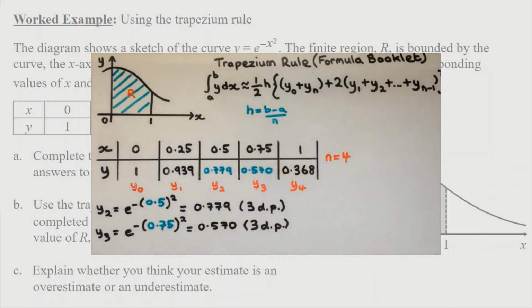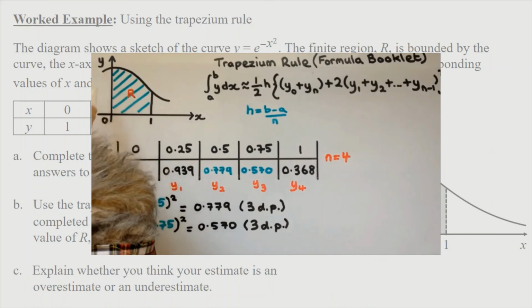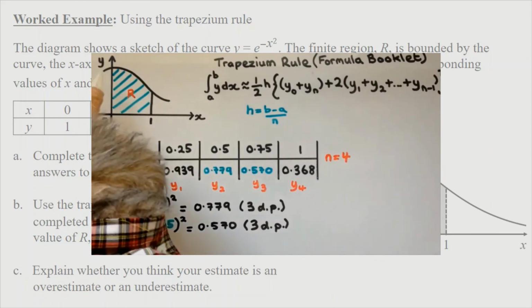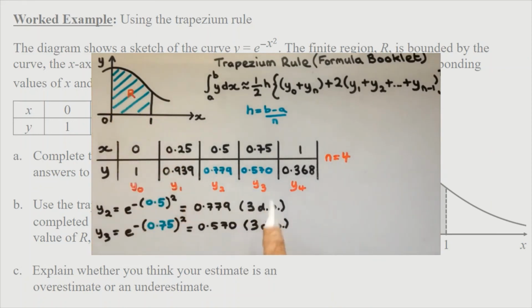If ever you're not sure, just check, do your answers make sense? We're starting at y equals 1 here, and clearly the values are decreasing. Just make sure your values do the same, and these seem to be pretty good. So next we're going to substitute into the trapezium rule, and we're just going to refine the trapezium rule a little bit to suit our example.